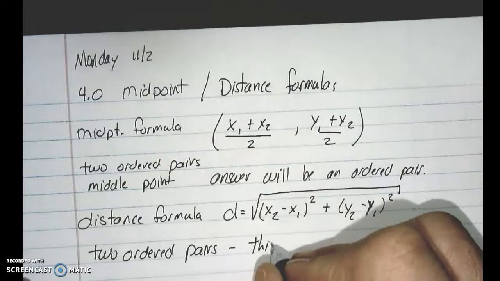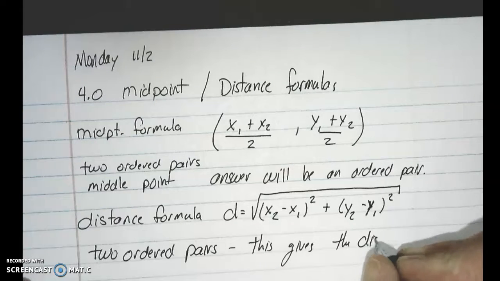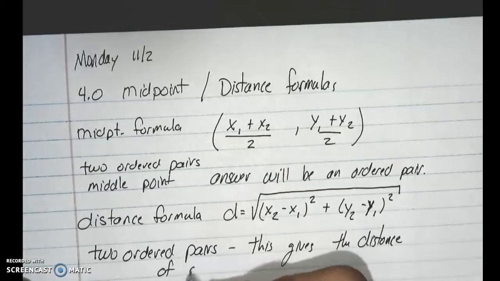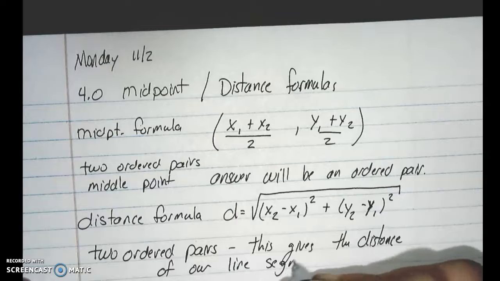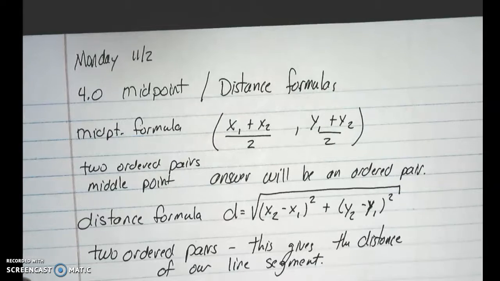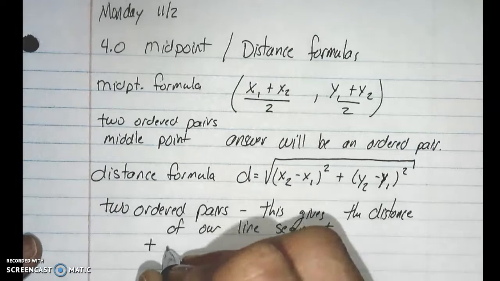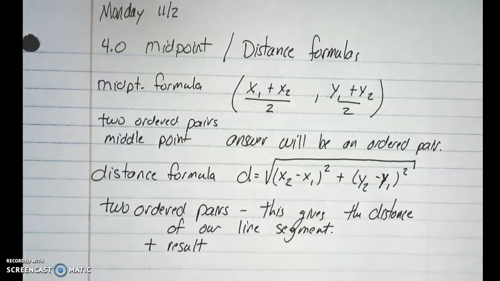And this gives us the distance of our line segment. Okay, so that means we're looking for a positive result because distance has to be positive.